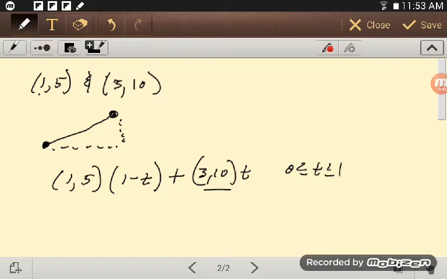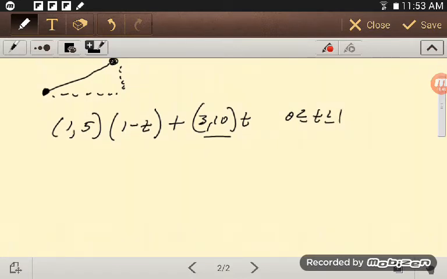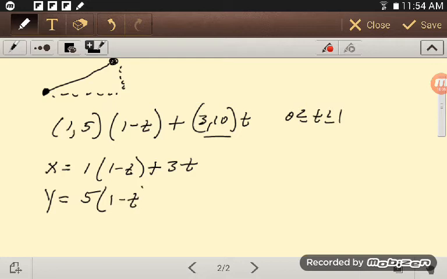So it's parameterized, or in other words, I've got that x is equal to 1 times 1 minus t plus 3t, and I have that y is equal to 5 times 1 minus t plus 10t. And here we're saying 0 is less than or equal to t is less than or equal to 1.